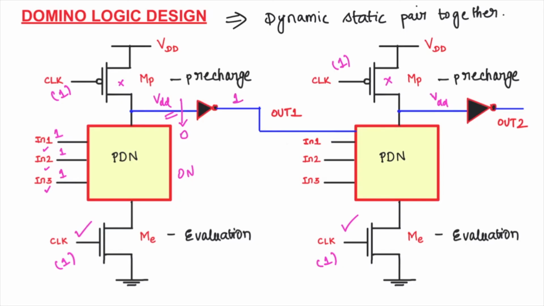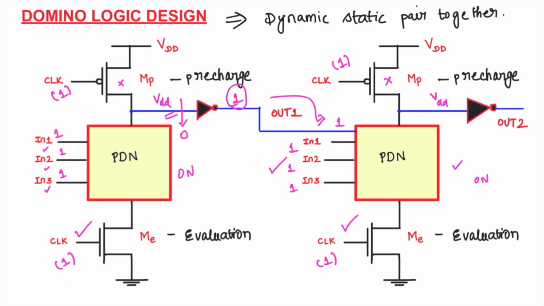Now this input will reach here for the second dynamic logic, and here what will happen? For this case let us assume all these inputs are 1, and here also this transistor is on, and because of all these inputs this pull down logic is also on. So now this is waiting for the out 1 to reach here.